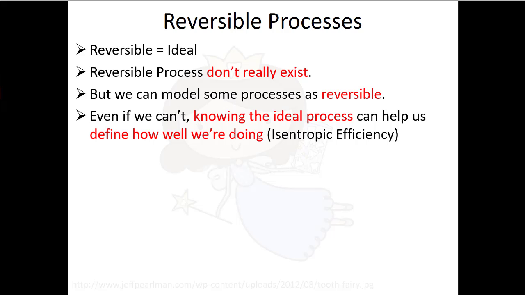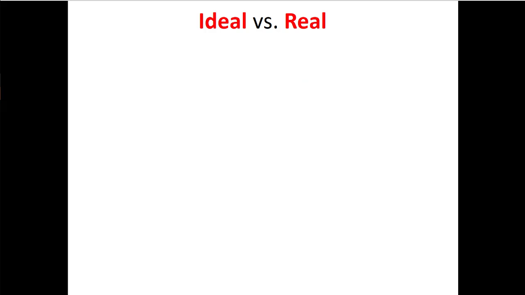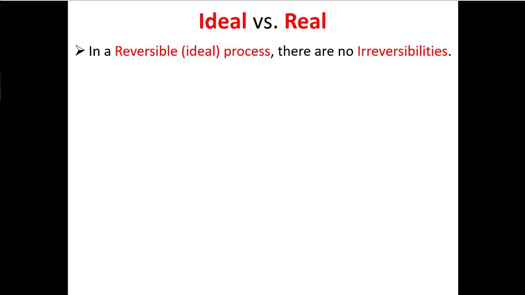That's nice from an engineering standpoint, but also from an economic standpoint. So one of our jobs as engineers is to think about the societal benefit of things, and then translate that into the language of dollars and cents for the business people who might be running a company. So we're going to take a look at ideal processes versus real processes.